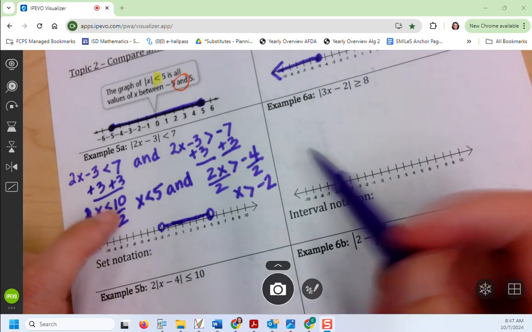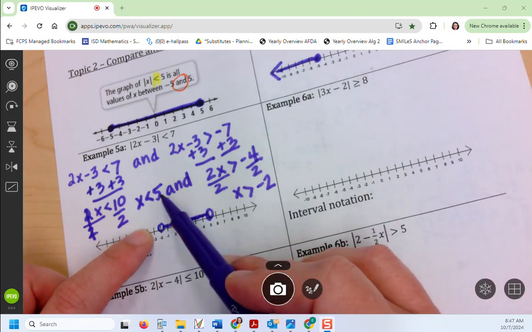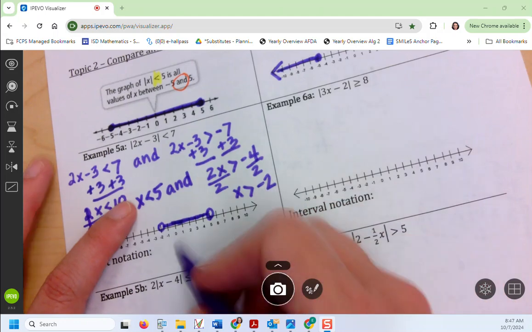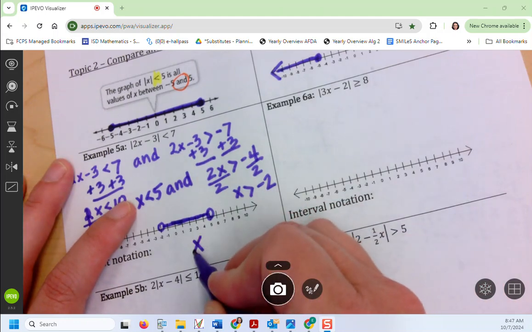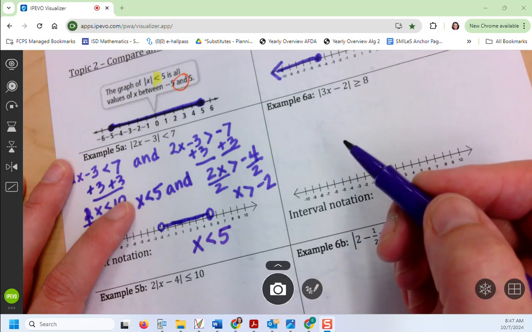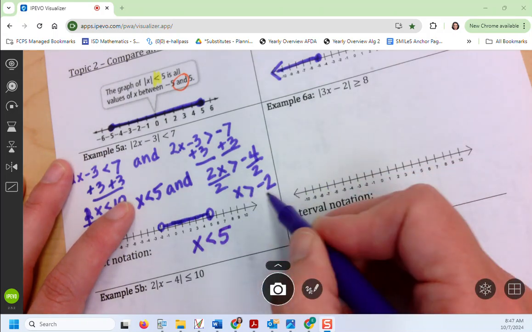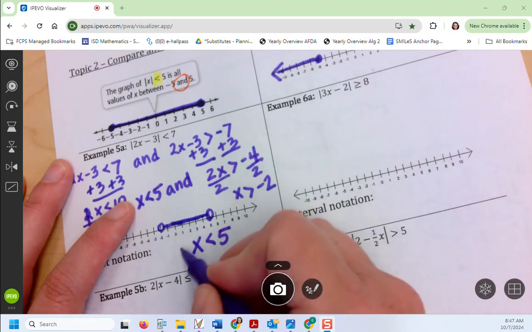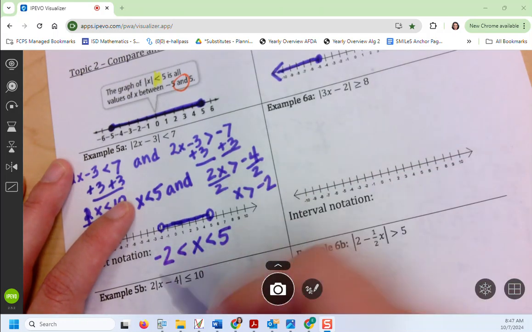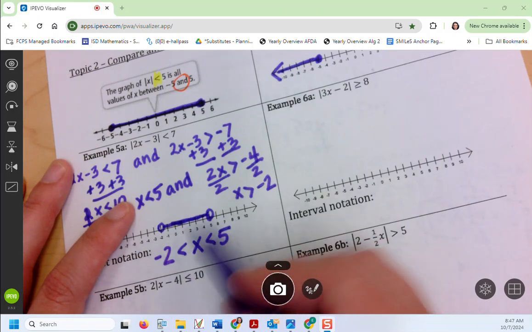So the answers are all the numbers between -2 and 5 with empty dots. The way you put these two statements together is you put x in the middle. X is less than 5. Do you see how this statement is pointing at -2? You're going to make another one pointing at -2 here. This says -2 is less than x, which is less than 5, and it means x is between these two numbers.